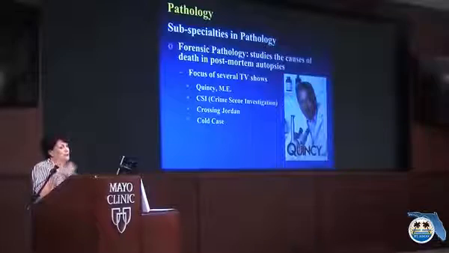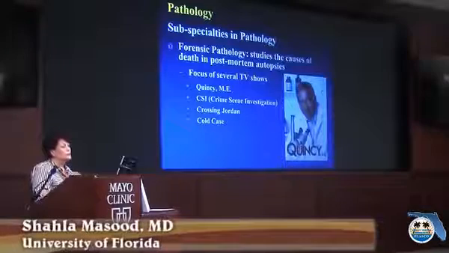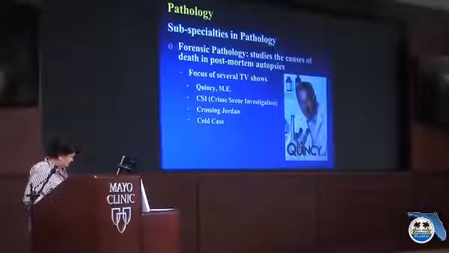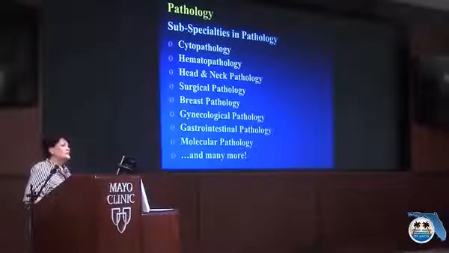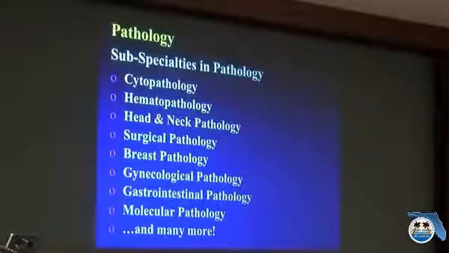So after we finish medical school, there are 4 or 5 years of training to become just a general pathologist, and then you go to a subspecialty of a year or 2 in order to provide the best care that we can provide for our patients. So what are the different subspecialties for you to know?